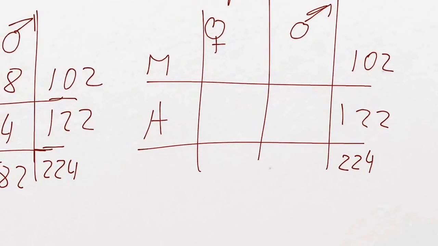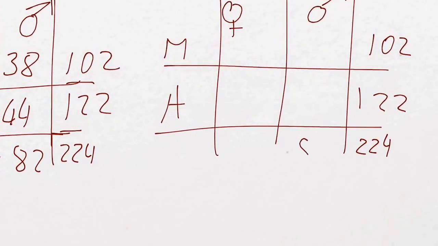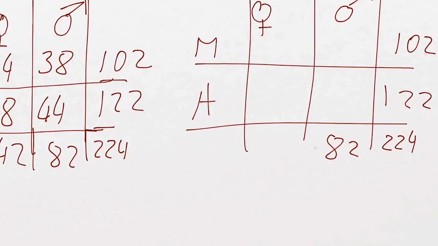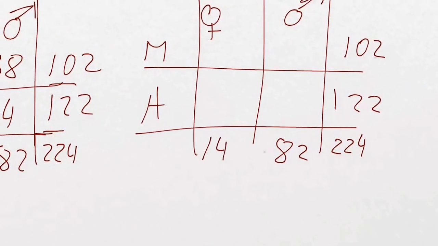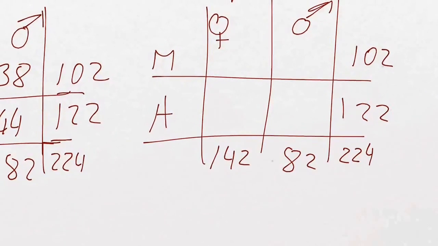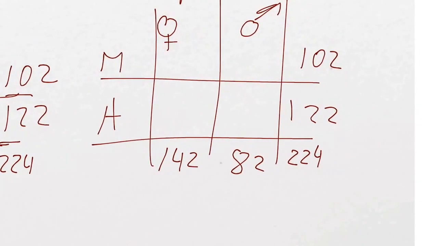We had 82 male, and we had, what was it, 142 girls. And now we calculate from these numbers, from the margins, how many would we expect? And the way you do that is you multiply the relevant margin and divide by the grand total.